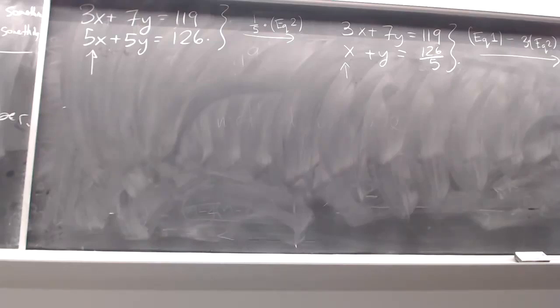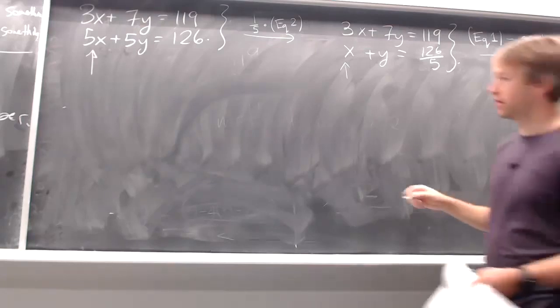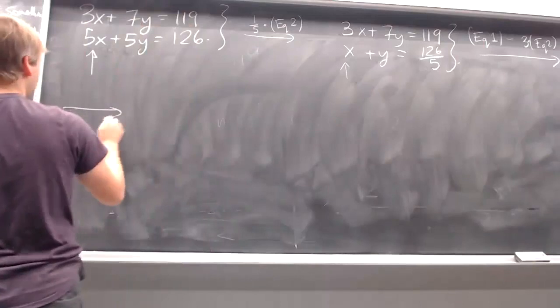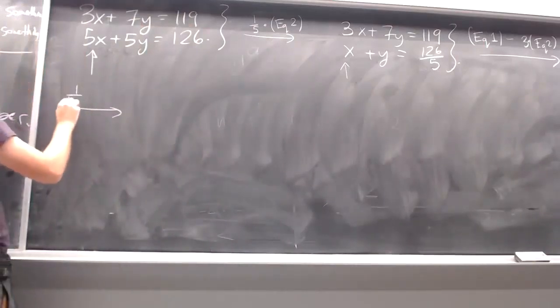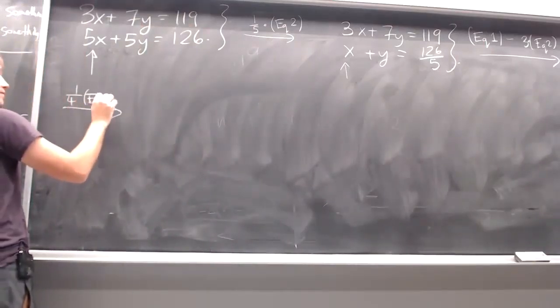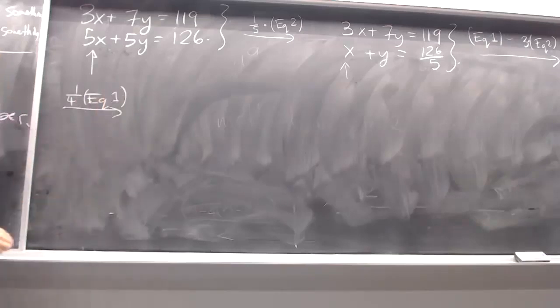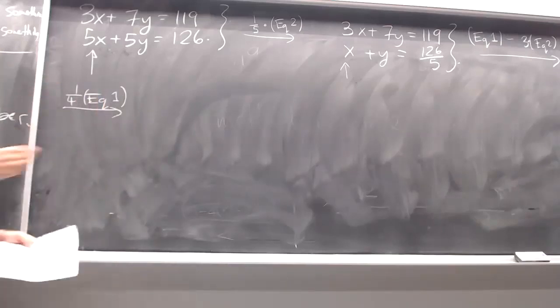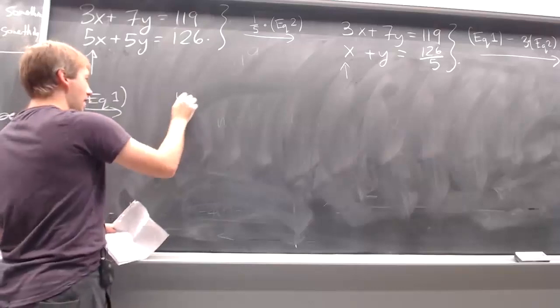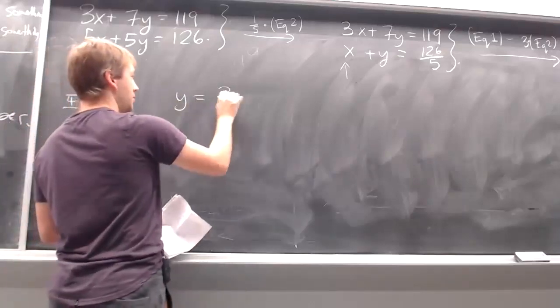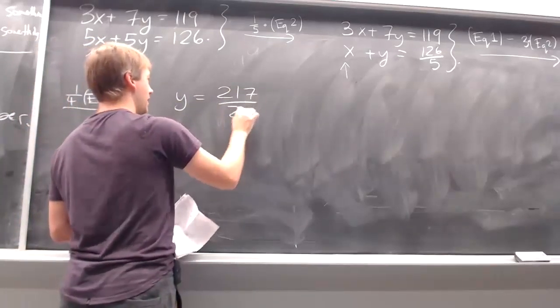Now everything's getting a little bit cleaner, right? I pretty much know what y is at this point. So I can take this first equation and multiply it by a quarter. If I take equation 1 and times it by 1 over 4, I've got y equals 217 over 20.